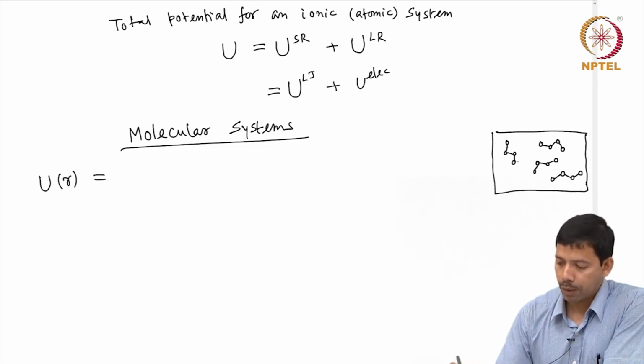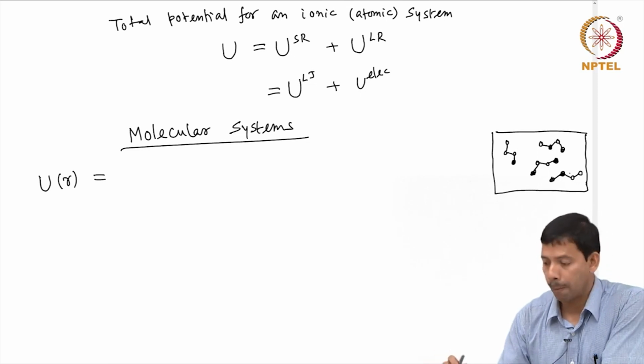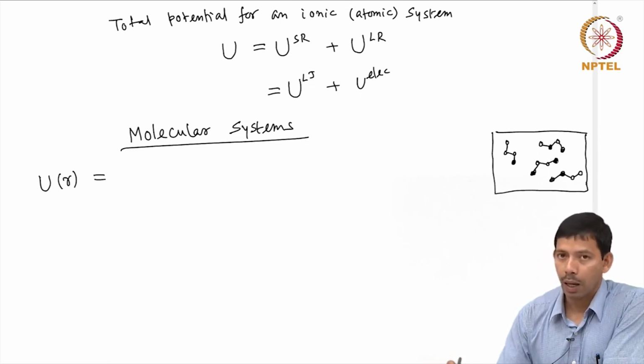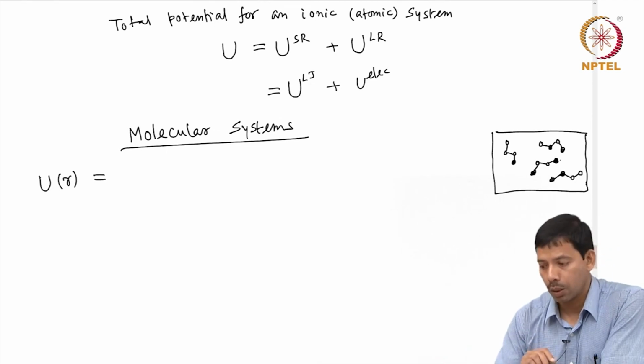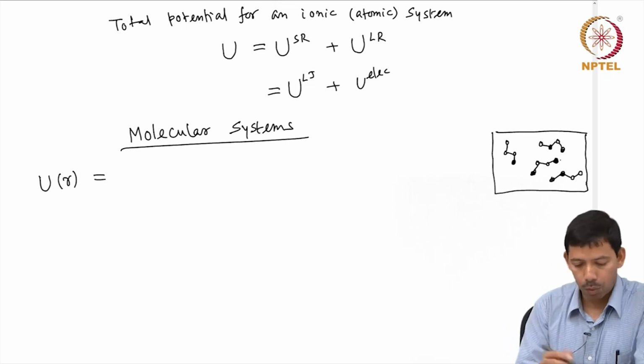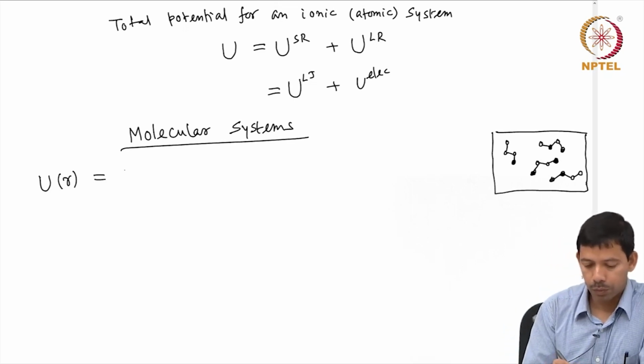So, therefore, this atom will interact with this atom, will interact with this atom, will interact also with this atom, and this one will also interact with this atom by pair potential. So, we have one of those inter-particle pair potentials. Let us say we take the Lennard-Jones.